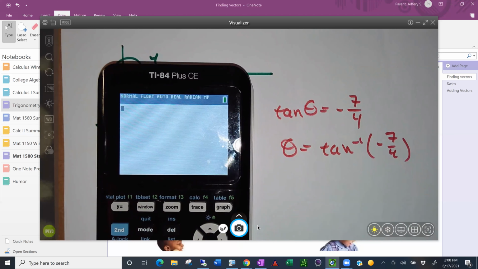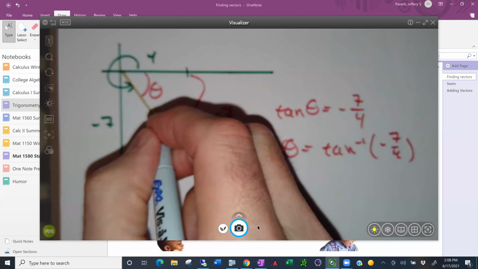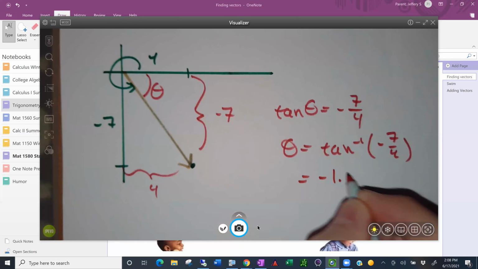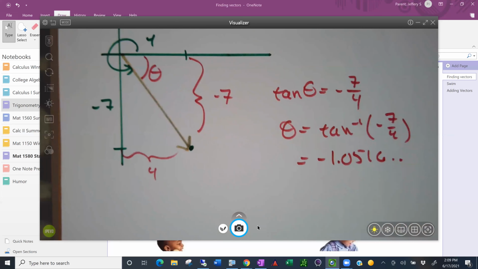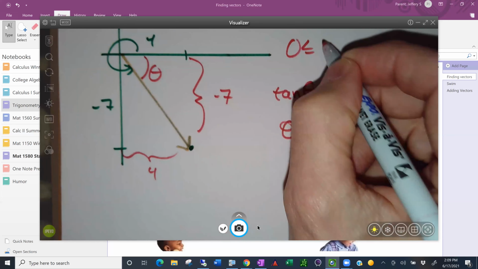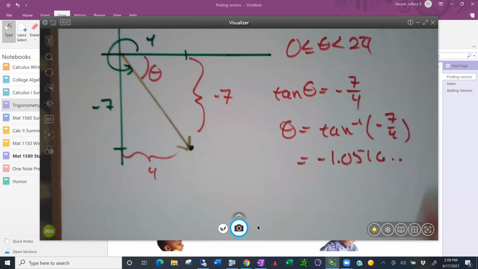Inverse tangent of -7 divided by 4, something like that. Now that's a negative 1.05. All right, but chances are I'm going to want an answer between 0 and 2 pi. So, okay.